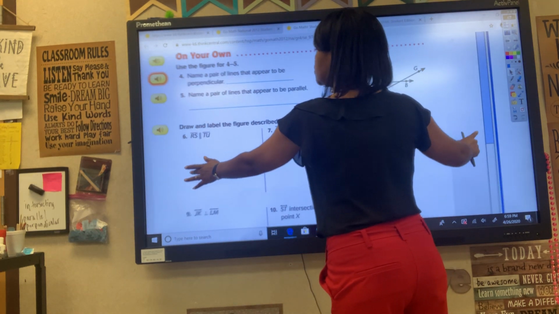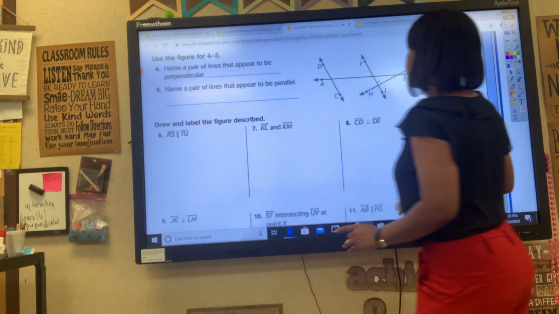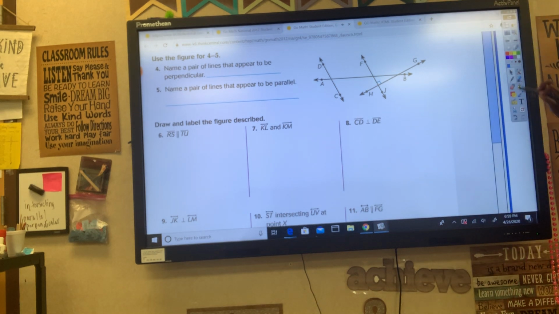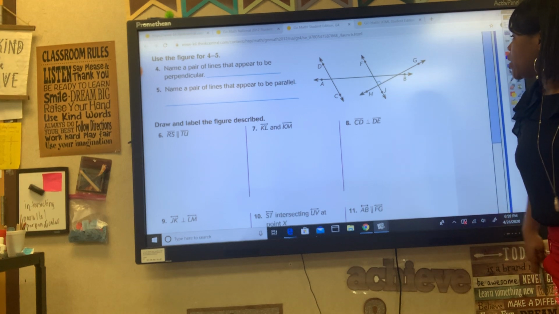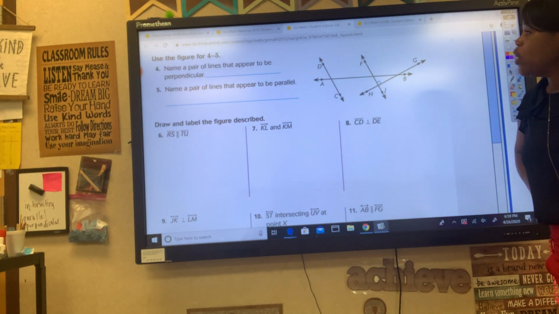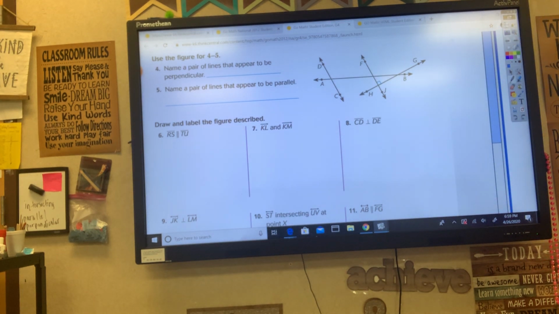Number 4. Name a pair of lines that appear to be perpendicular. Remember, a pair of lines that are perpendicular form a right angle where you can draw a square. Now I see this square, so now I just have to identify where the lines are. Which ones appear to be perpendicular?